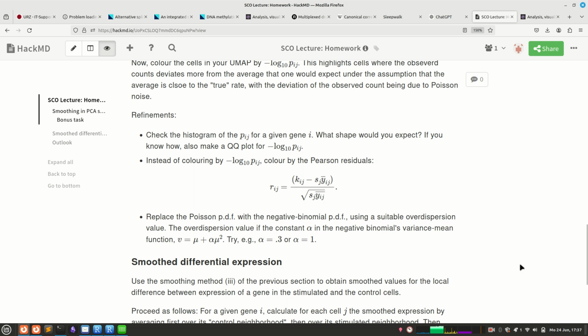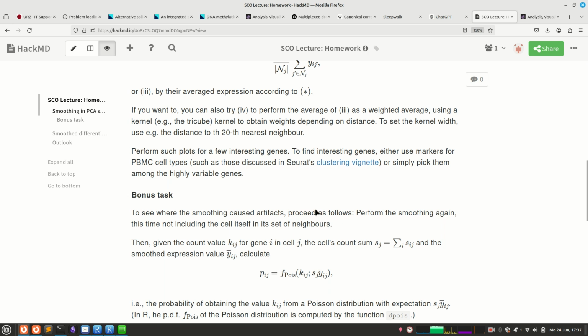What I also wanted to mention is that I will open one of these discussion forums on Moodle, because when you try these exercises, what you will probably notice is that the difficult part is not getting the math into code, but remembering all these little things: where do you find the PCA coordinates in a Seurat object, how do you get the neighborhood thing, and what was the name of this package again to find nearest neighbors?